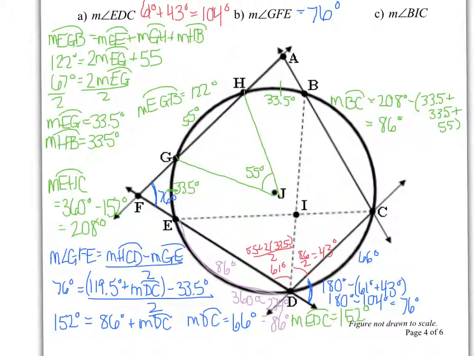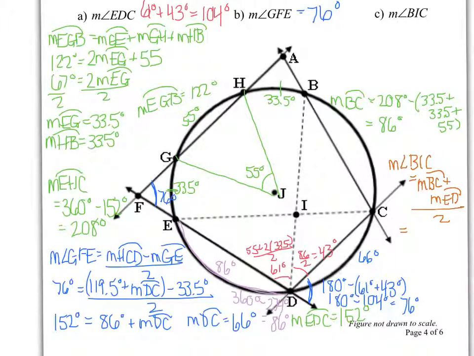So finally, we can find the angle BIC because we've got vertical angles here. So the measurement of this arc plus the measurement of this arc divided by 2 will give us the answer. So the measure of our angle BIC is going to be the measure of arc BC plus the measure of arc ED, all divided by 2.